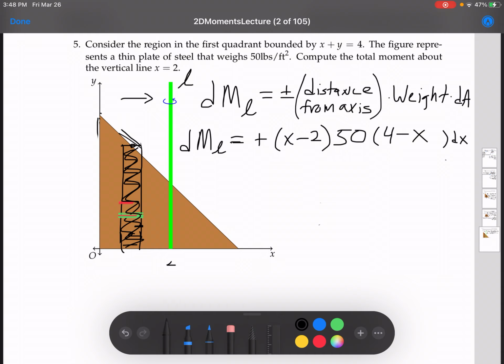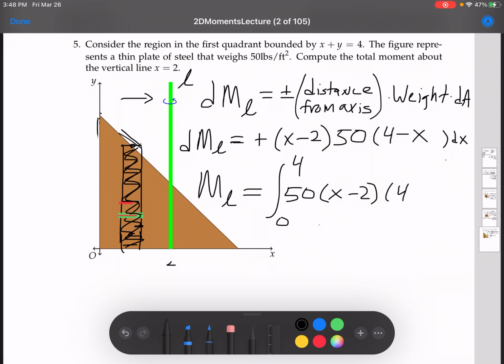And so now our moment about L is the integral from 0 to 4 of dML. I can put this in there now. Let's see, we've got 50 times x minus 2 times 4 minus x dx.